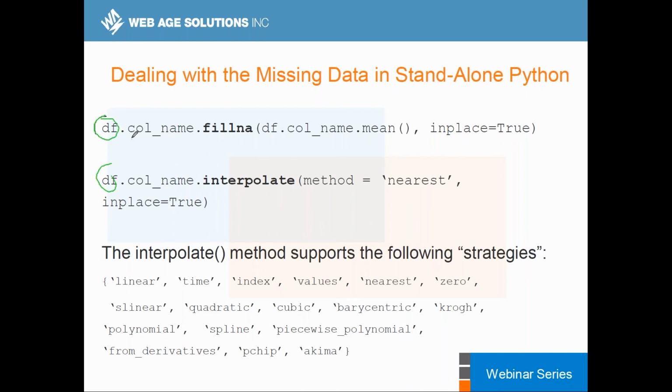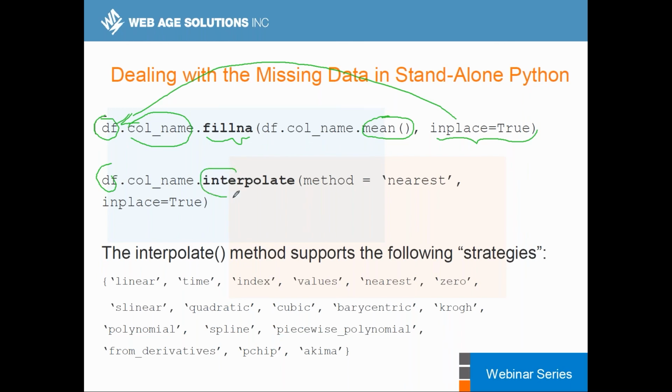Essentially, that's a column name, the attribute, a feature. And fillna would be to find the mean for all the column values which are not empty, don't contain any blank holes, and you perform it in place, meaning that the updates would be done to the same data frame. This is a pandas data frame.